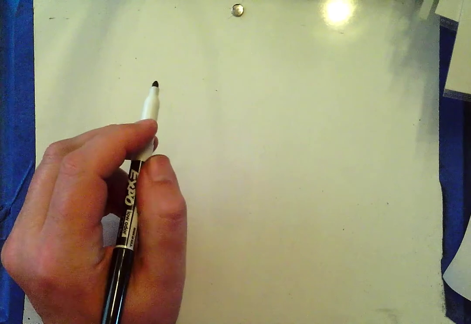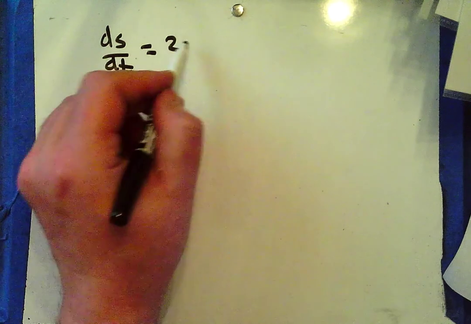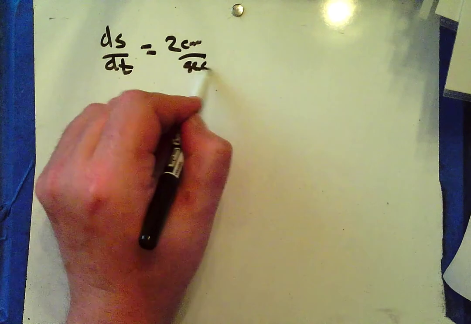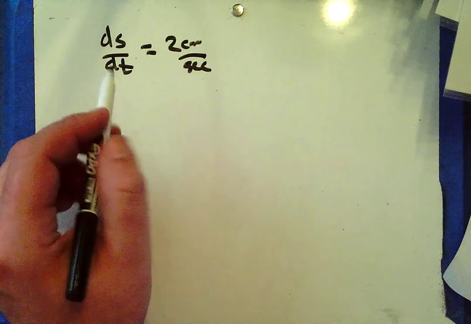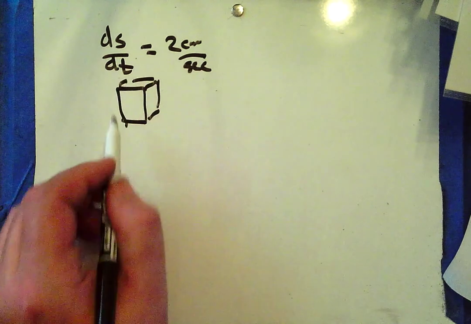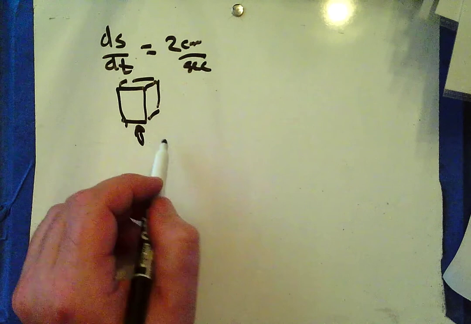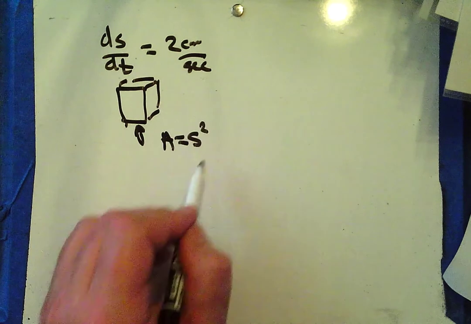28 says the sides of a cube are expanding, so I've got a ds dt here at a constant 2 centimeters per second. What is the instantaneous rate of change of surface area of the cube? Well, it's a cube, and each of these faces has an area, and the area is side squared.